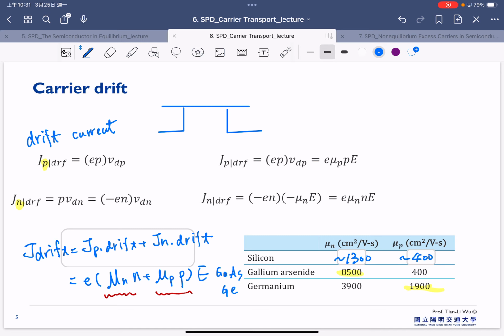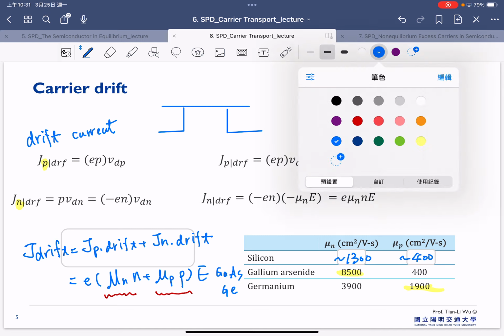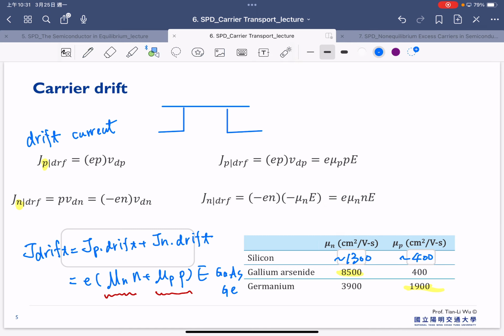So now we all know, in the previous slide we already mentioned that if we look at the transistor, the most important characteristic for us is our drain current versus gate voltage.